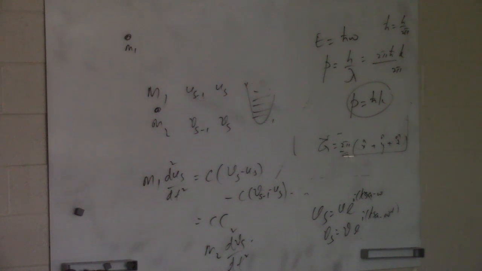I don't know whether anybody is working on thermoelectric materials, but there's something called the figure of merit, which is given as S squared sigma over kappa.